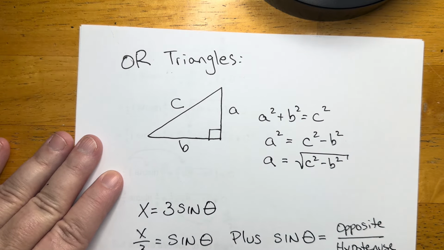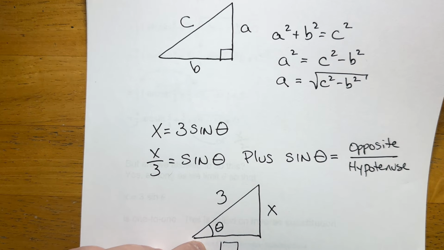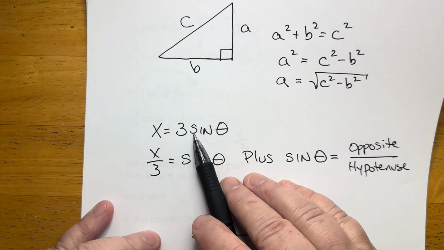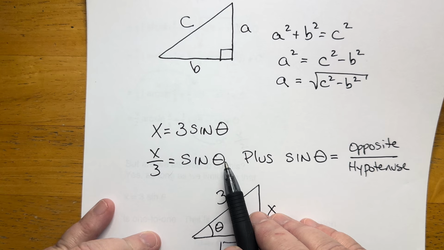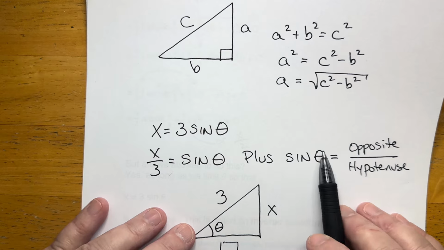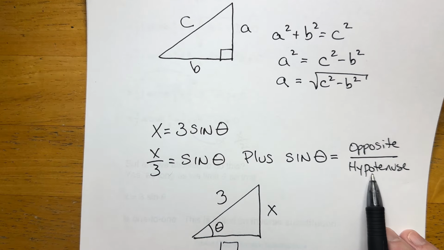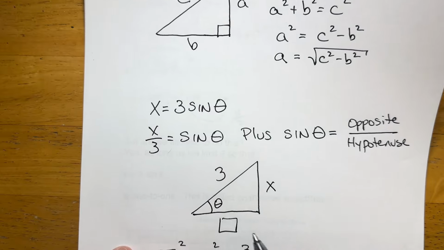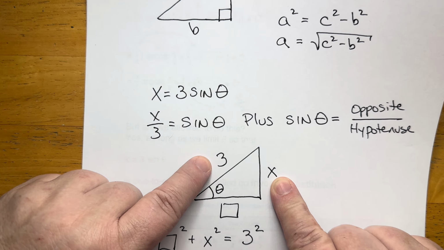Okay, so let's talk about that. If I have, as I did, x equals 3 sine theta, then x over 3 is sine of theta. Now I also know that sine of theta is opposite over hypotenuse, right? So if I set theta here, here's the opposite, here's the hypotenuse, I set up this triangle with x over 3.